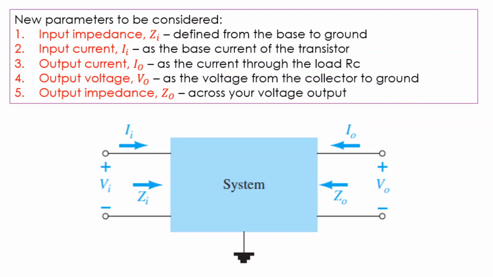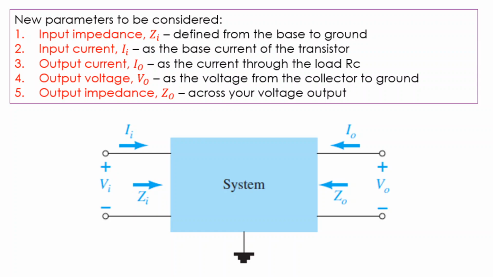We have to consider five parameters for AC analysis: the input impedance Zi, the input current, the output current, the output voltage Vout, and the last one, the output impedance Zout.